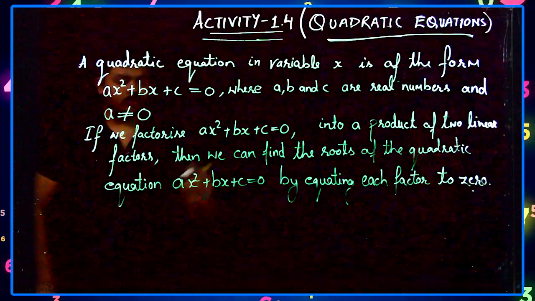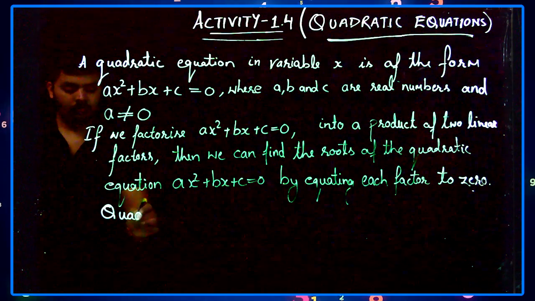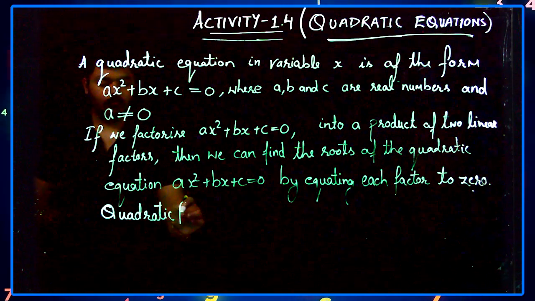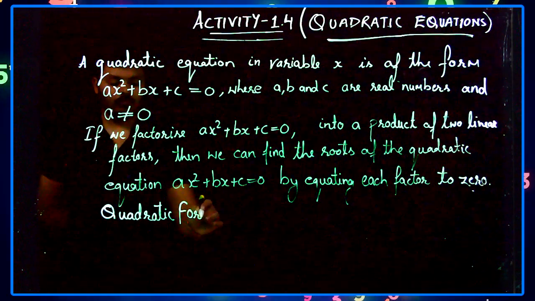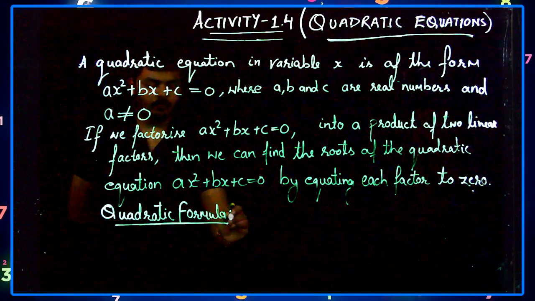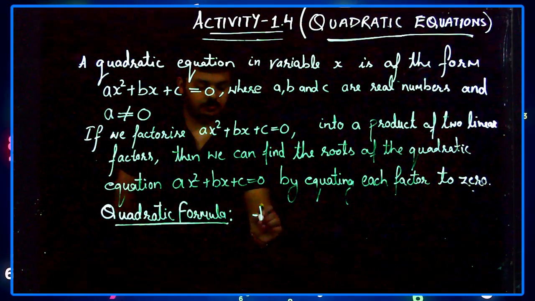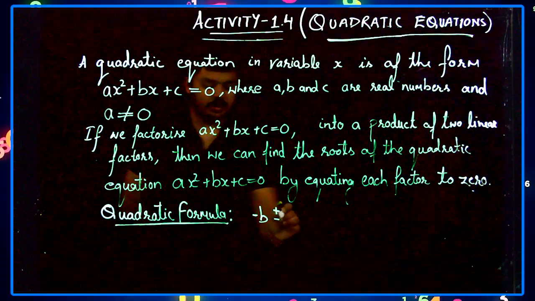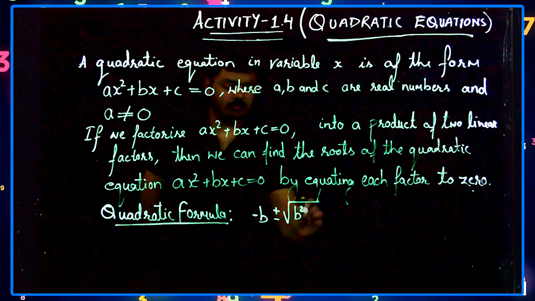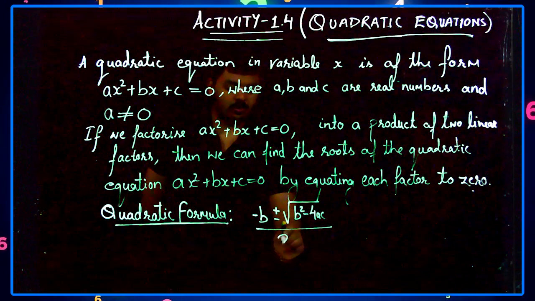So, to find the roots of the quadratic equation, we have a quadratic formula. It is minus b plus minus under root b square minus 4ac upon 2a.